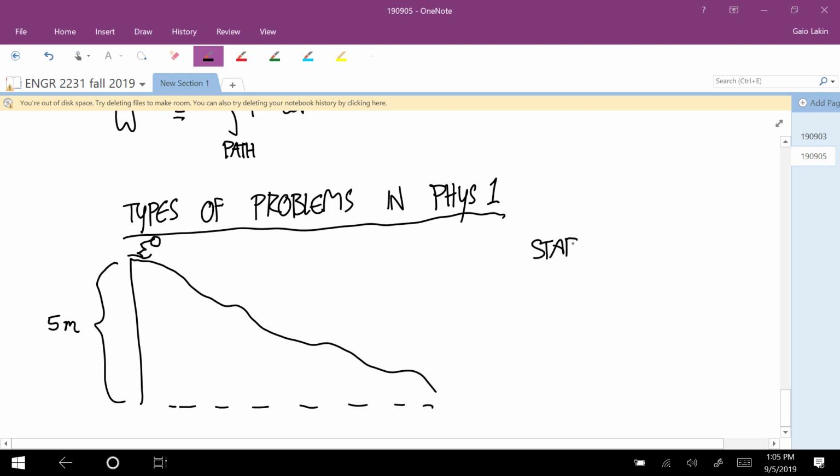And the skier starts at rest. If it's frictionless, what's the skier's speed at the bottom?